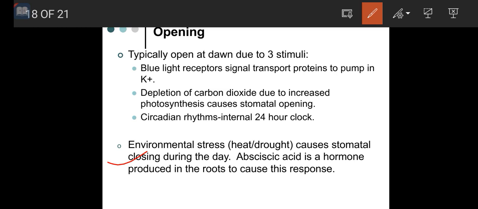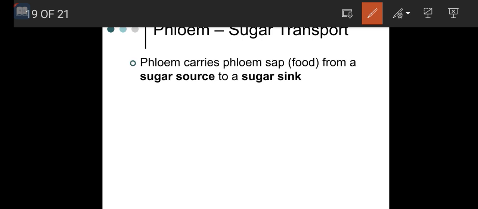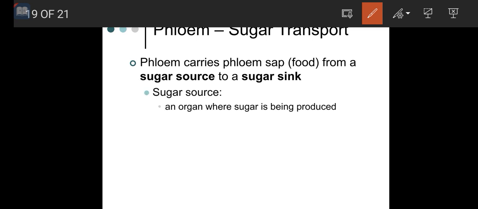Abscisic acid is a hormone produced in the root to cause the response. And next one, the phloem sugar transport. Phloem carries phloem sap, food, from a sugar source to a sugar sink. Sugar source is an organ where sugar is being produced, usually leaves.